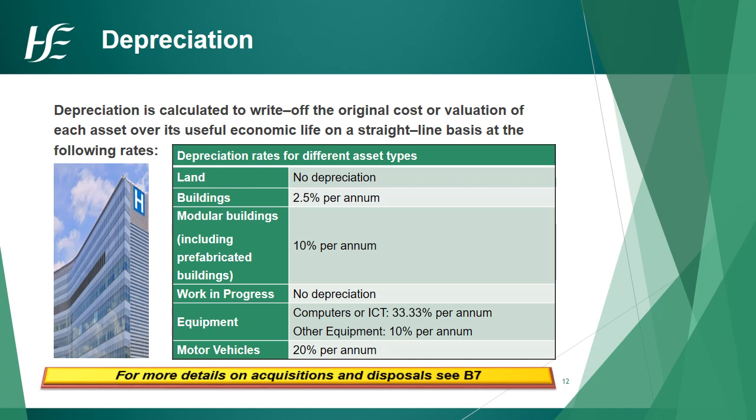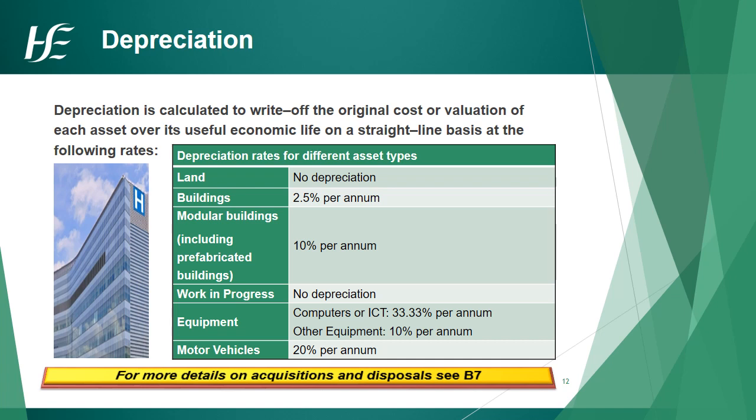Equipment includes computers and other equipment. Computers are depreciated at a rate of 33.33%, so over 3 years, and other equipment at an annual 10%, so over 10 years. Motor vehicles are depreciated at 20%, so over 5 years.